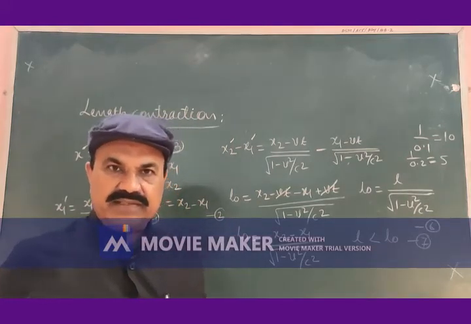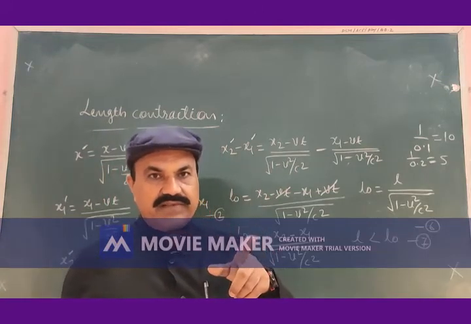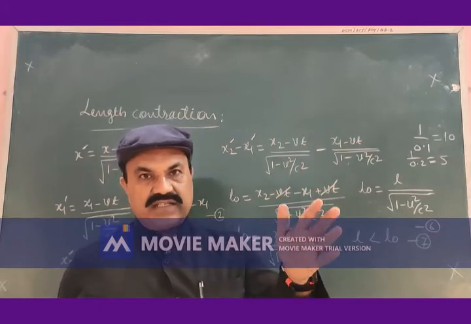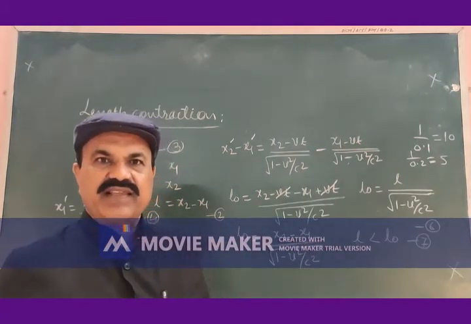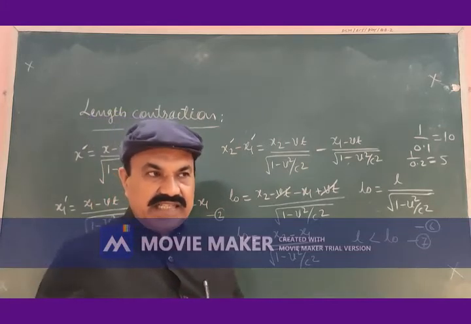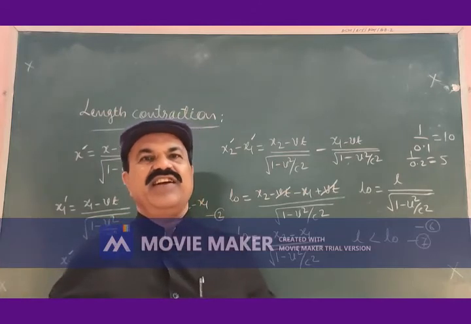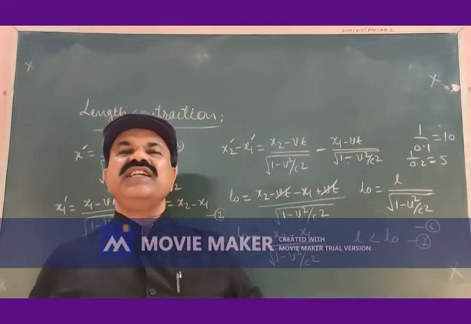It means that if we are observing any object moving away from us, for us the length of that object is decreasing continuously.